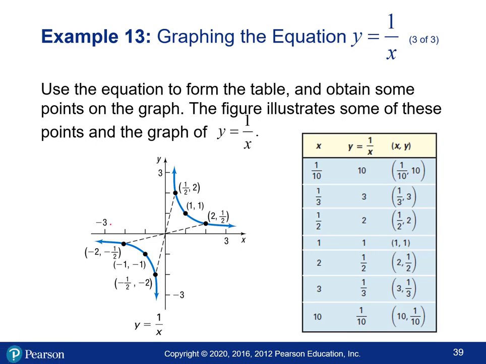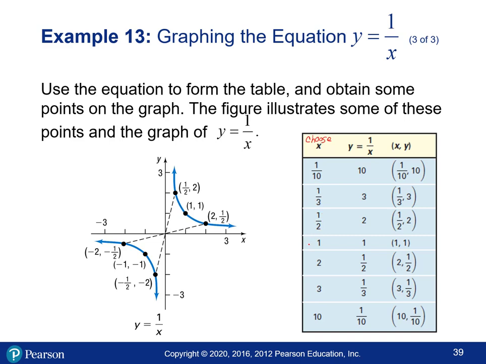So there is origin symmetry on this graph. And right here, our last one is the graph. By finding some values to plug in, and because we had symmetry, we only need to choose half the amount of points we normally would. If we choose some points, we can mirror them across the origin. In this case, you do want to try some fractions, because your function does have a fraction in it.